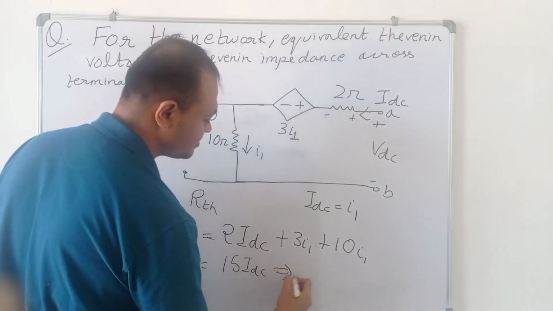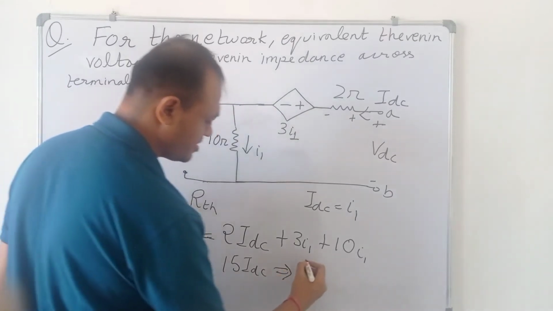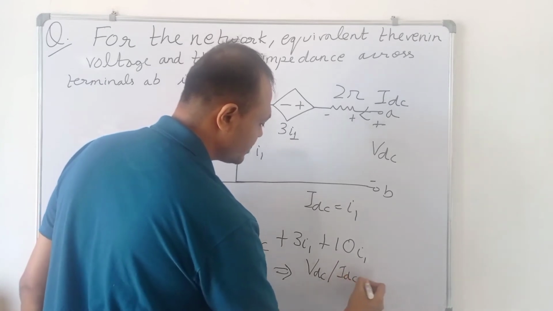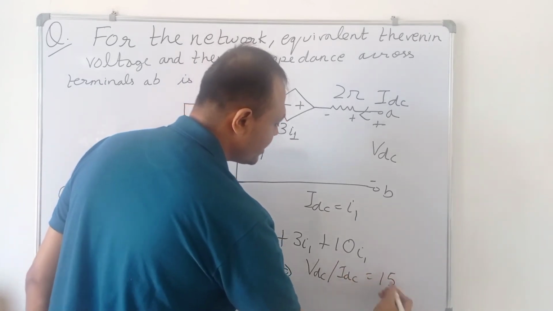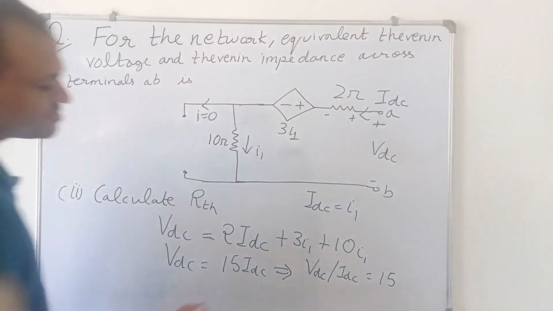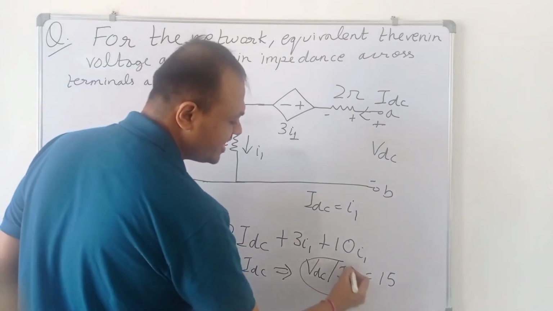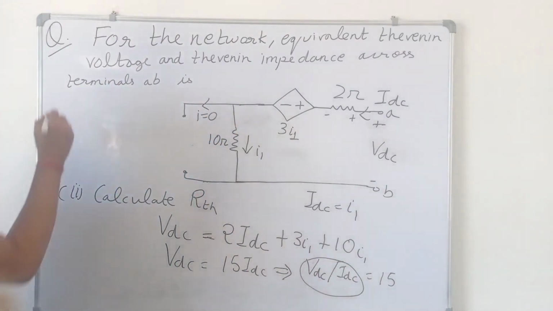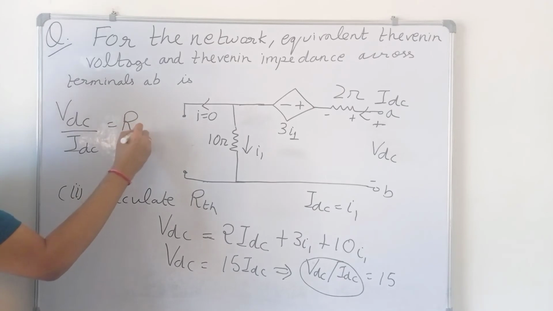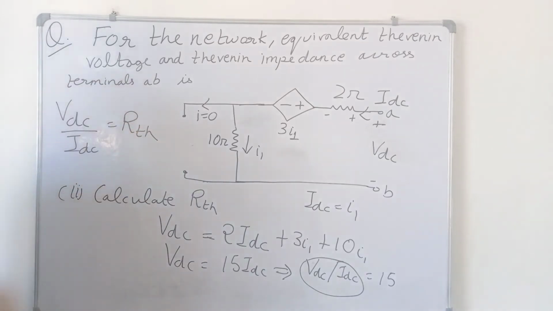So it means VDC upon IDC is equal to 15. And the ratio of VDC upon IDC is nothing but Thevenin resistance. VDC upon IDC is equal to RTH, because this resistance is obtained by removing all the independent sources.